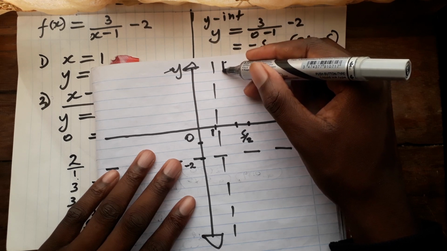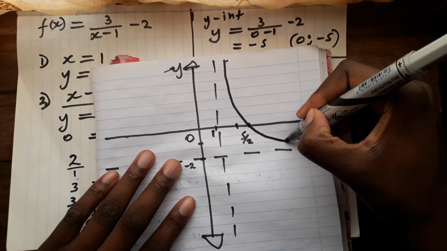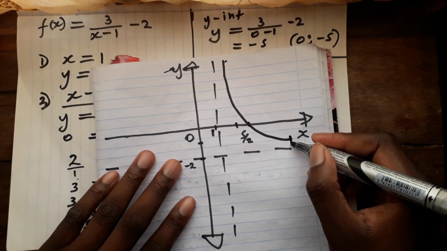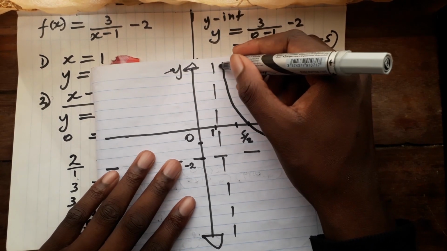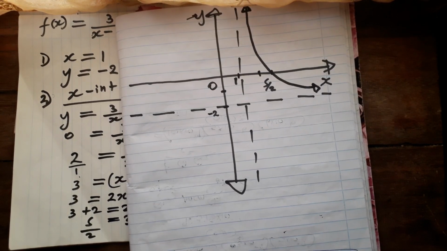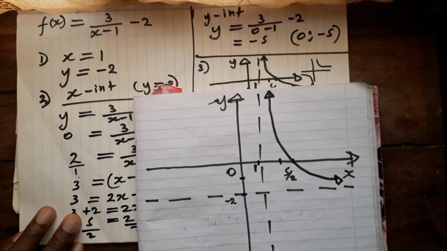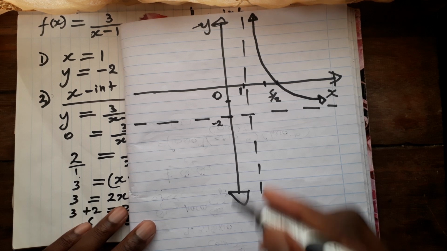Just look at this carefully. There we go. That's our graph. And for the other copy, we look at the y-intercept, which is -5.